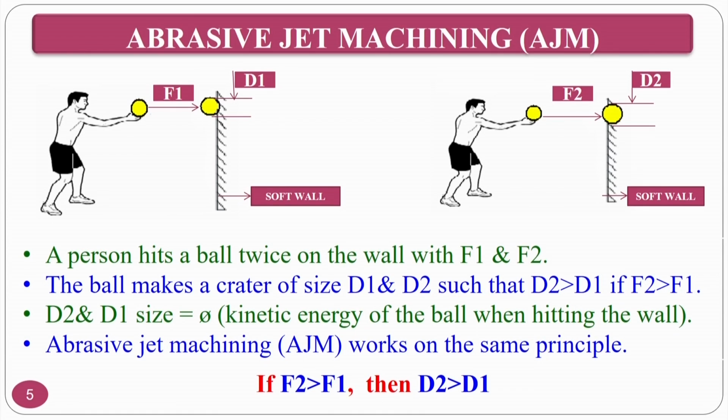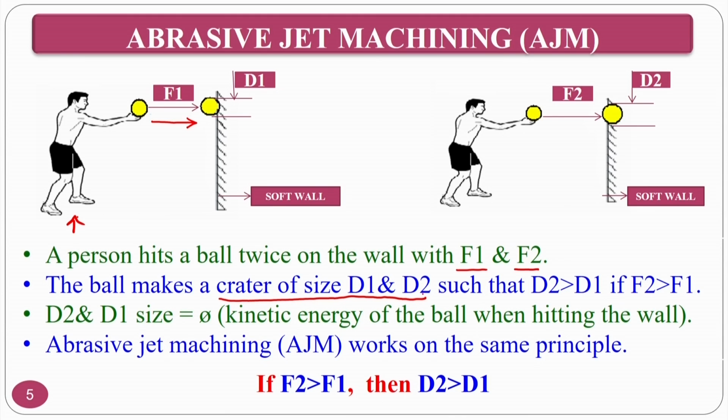When a person hits a ball twice on a wall with forces F1 and F2, the crater or cavity size that is formed is approximately D1 and D2.